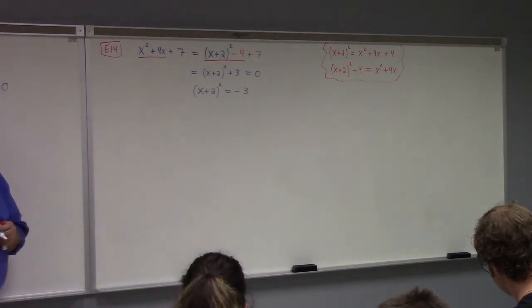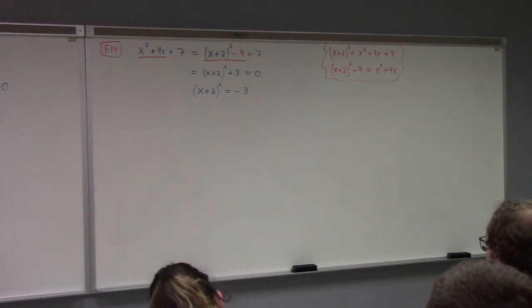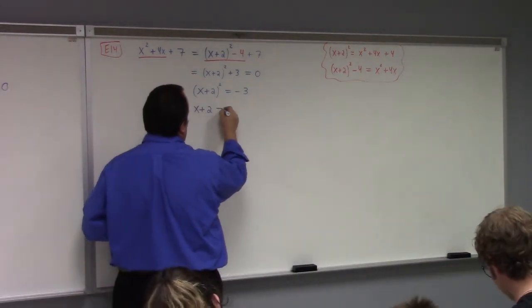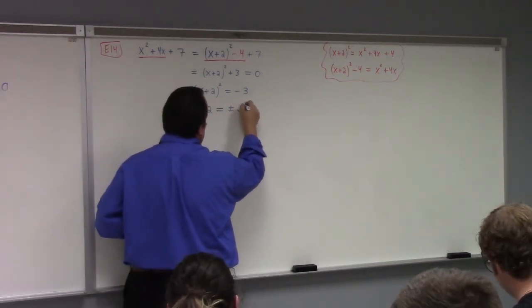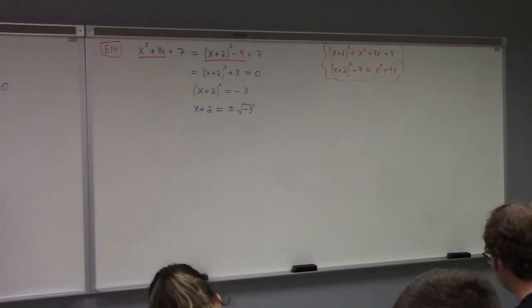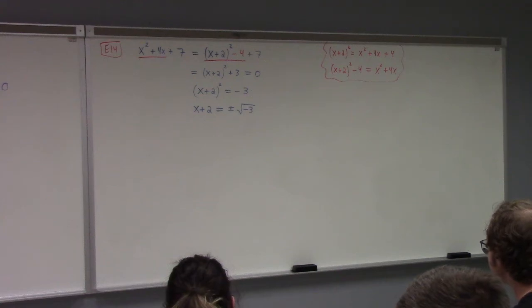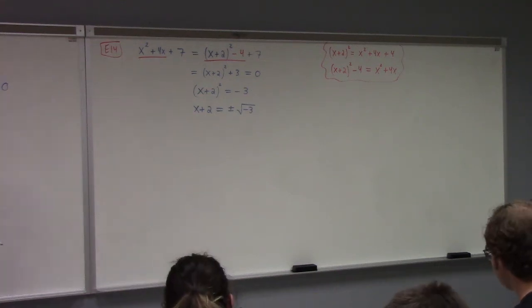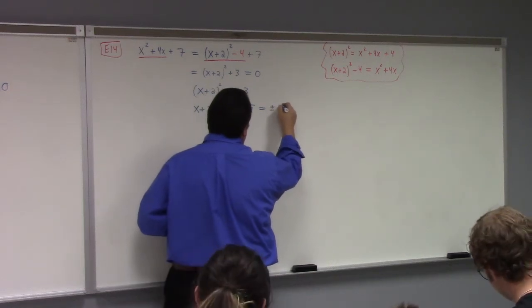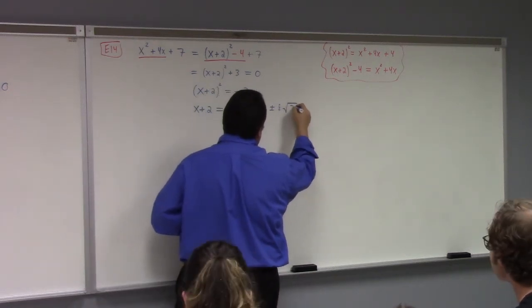Oh, well that's a little different, isn't it? Now we use the square root property. It says x plus 2 equals plus or minus the square root of minus 3. But we learned that when we have a minus in the square root, we can pull it out and write i, the imaginary unit, right? So this is really plus or minus i root 3.